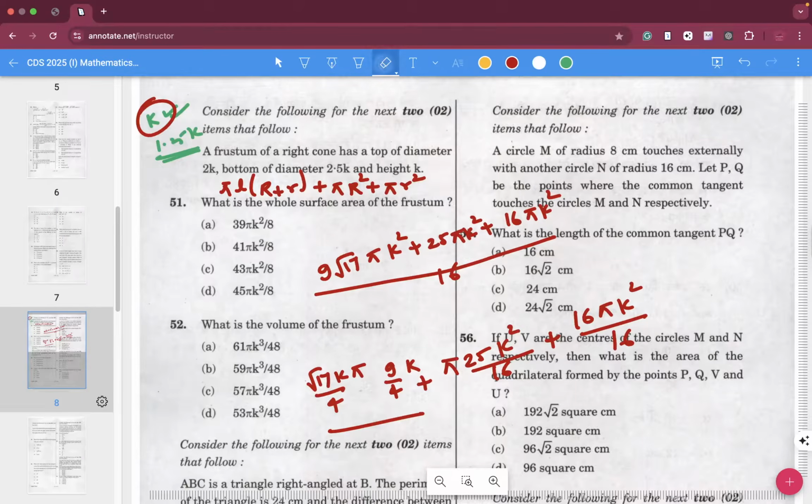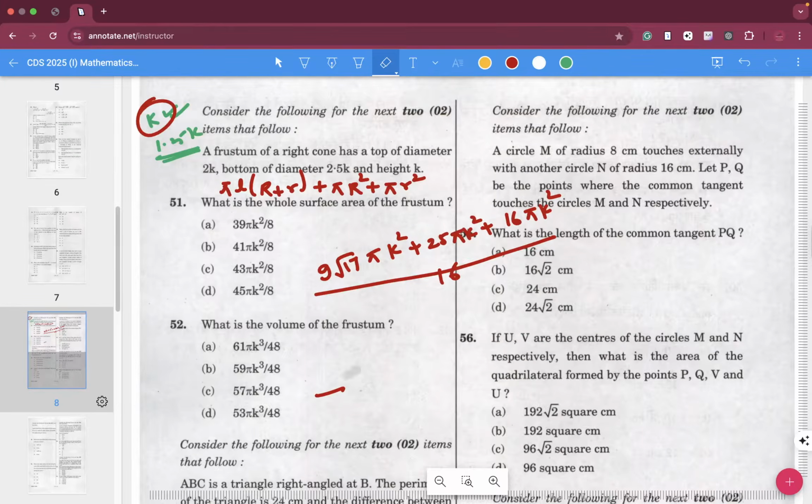If you solve for this, don't freak out folks. Now this is 25 plus 16, so can I write it like 41 pi k square. Now we don't have any of the answers, something like that.